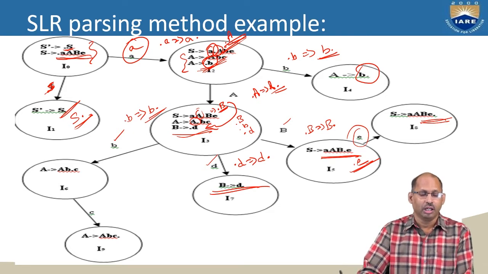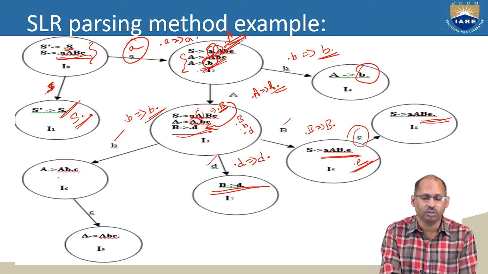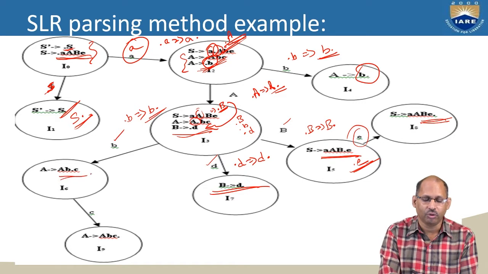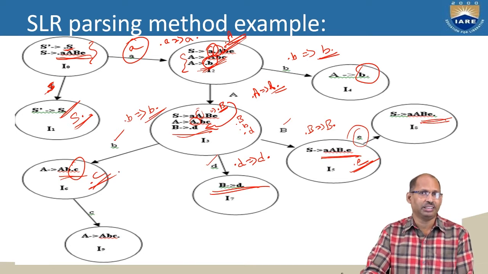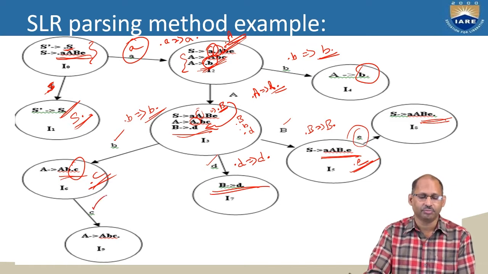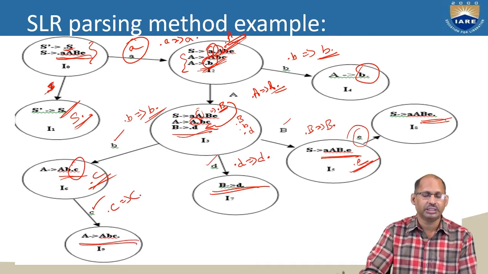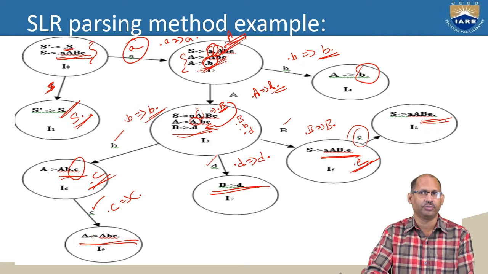Then A gives AB dot C. Now here dot is followed by a terminal symbol, so it will have a transition on C. Dot C will become C dot. So A gives ABC dot.